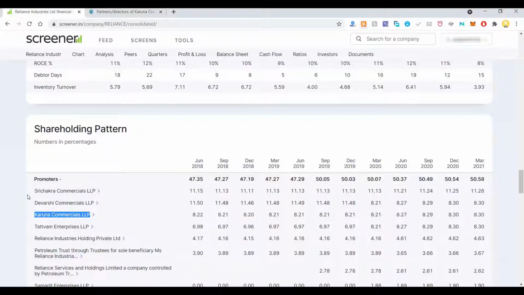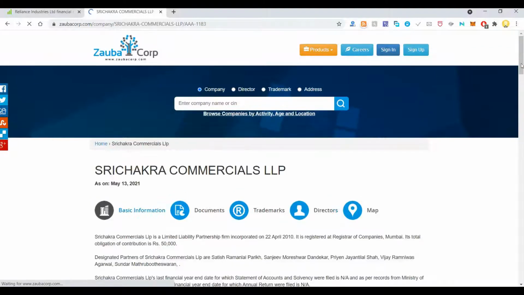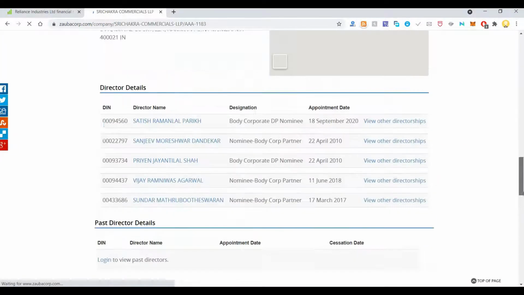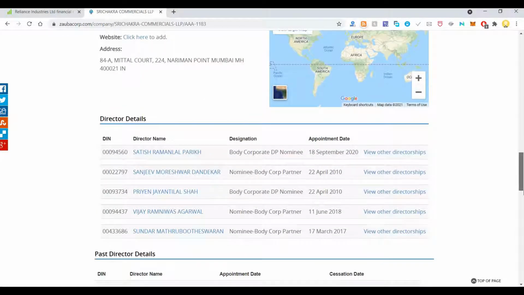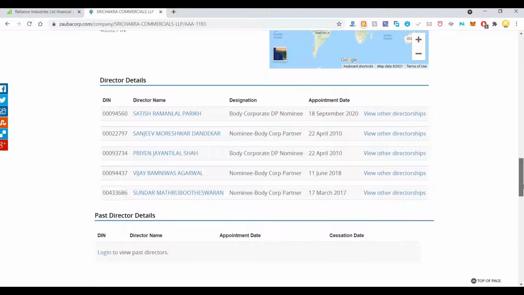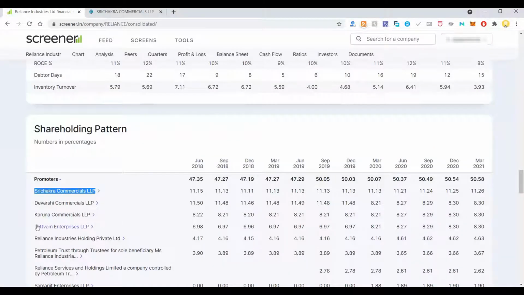And if I go to other companies like Sri Chakra Commercials LLP, which has around 11.26% of shares, again, it might end up as... this one doesn't show that. It has some other directors, but most of these companies, if you see here, are related in some way or the other with Reliance.